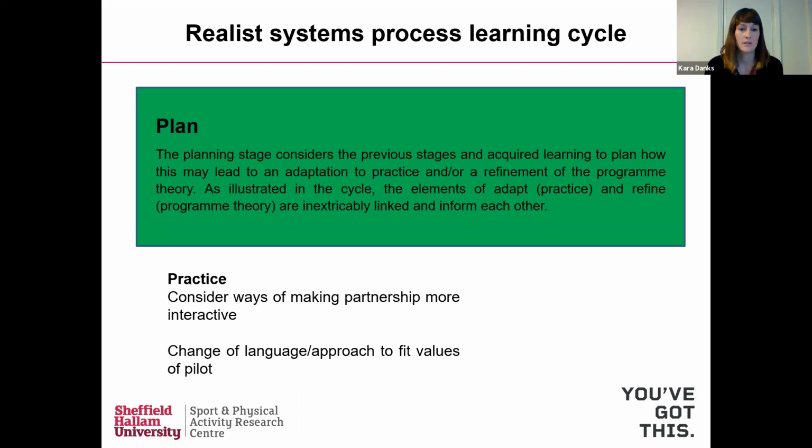So in terms of practice, the core team considered ways of making the partnership more interactive, and considered a change of language, what the language meant and how that fit with the values of the pilot and the whole systems approach. From a program theory perspective, we started thinking around ideas of ownership and self-efficacy. I'm not going to go into full details of the program theory today, but that gives you an idea of its development.